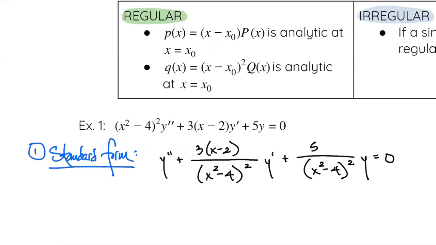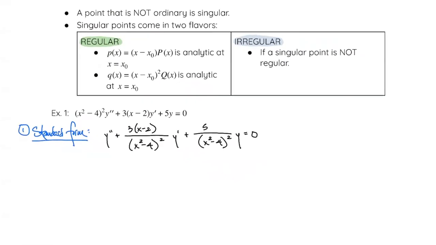So all we did was divide things away. Noticing that some factors are already factored, like 3 times x minus 2 is already good to go. But it might be valuable to take that x squared minus 4 on the bottom and factor that.